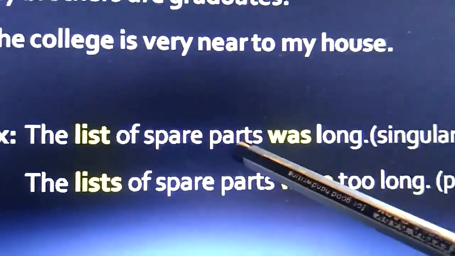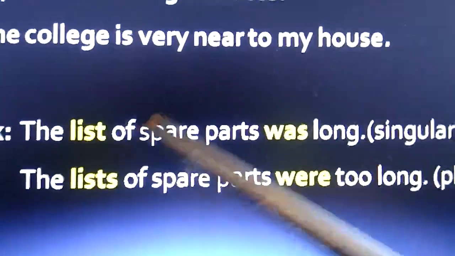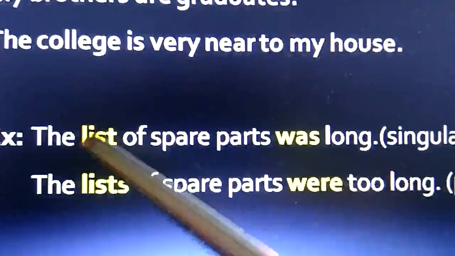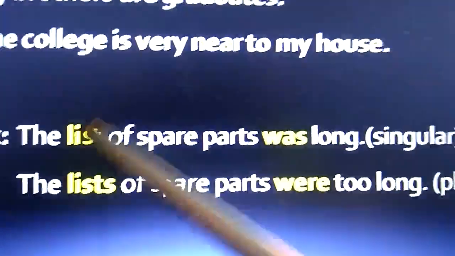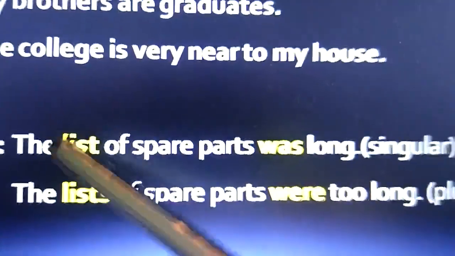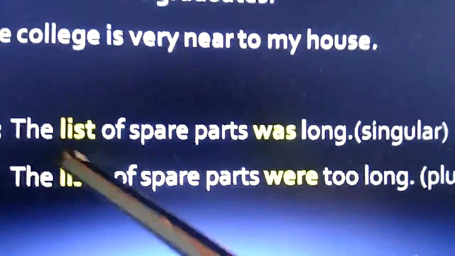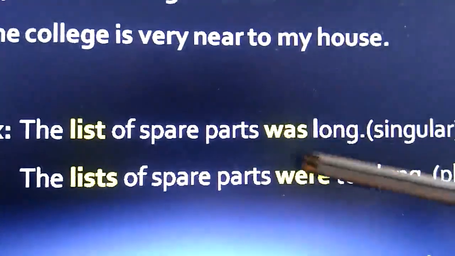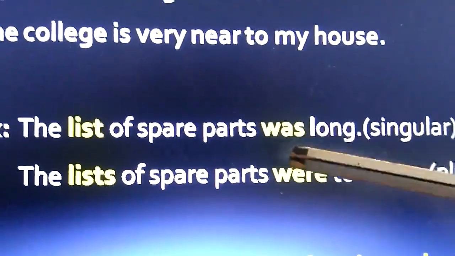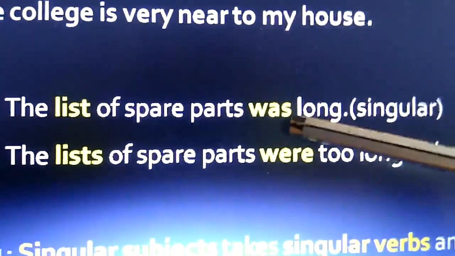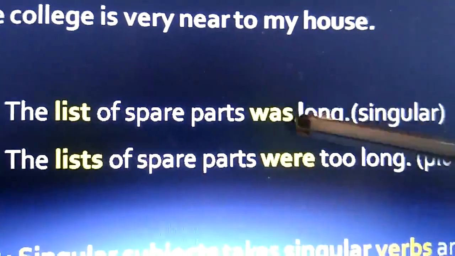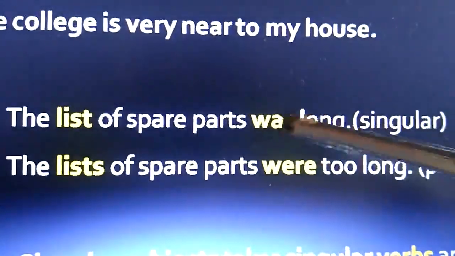List of spare parts. So the true subject of the sentence is list. So the verb has to be in agreement with this subject list. List is in singular form, and so the verb we have to use is, is singular. So the subject and verb are in accordance.